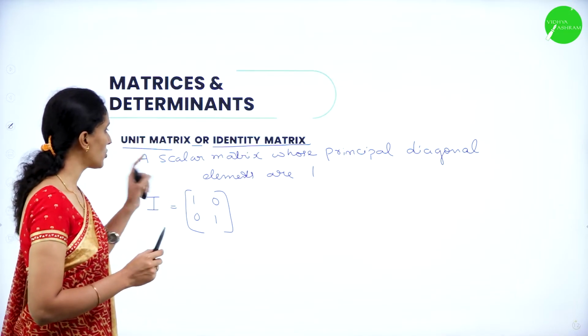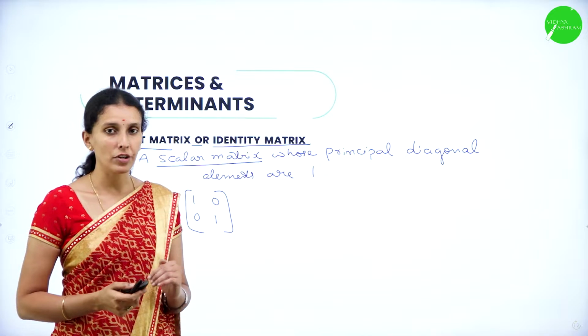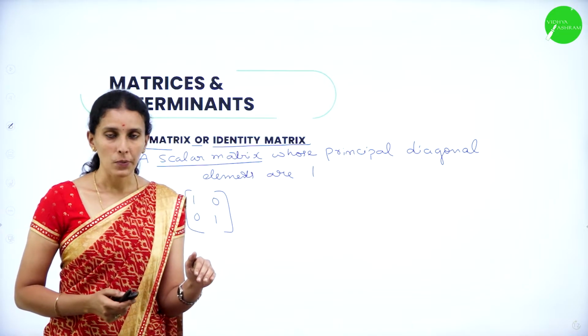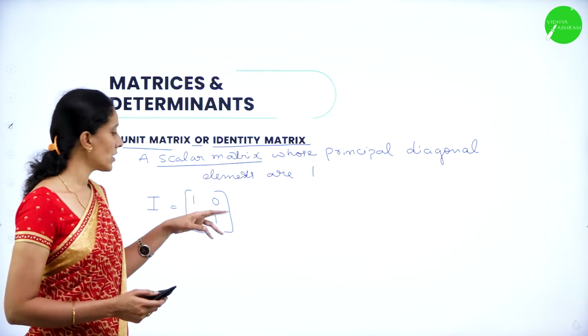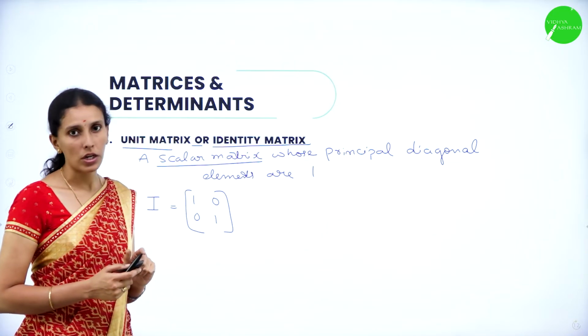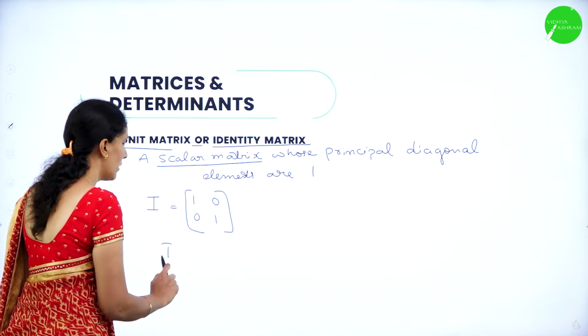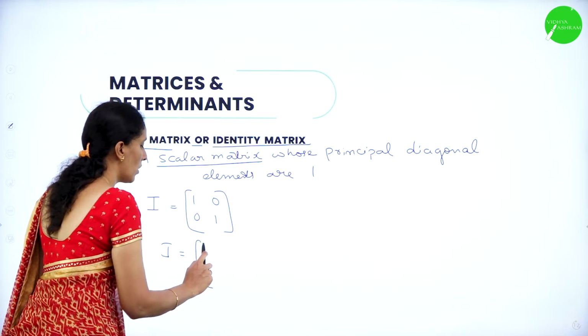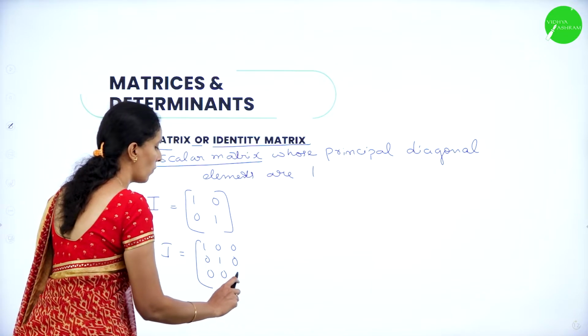That is why I have mentioned it here as a scalar matrix, because in a scalar matrix the diagonal elements are equal and the other elements are 0. Here it's a scalar matrix whose diagonal elements are equal to 1 and other elements are 0. So I is equal to 1 0 0, 0 1 0, 0 0 1.